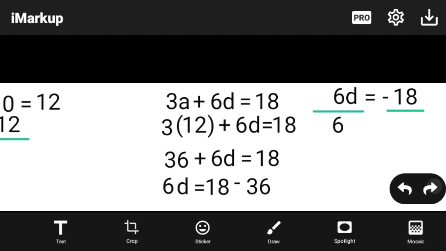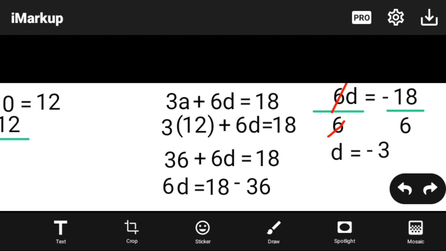So down there 6, down there 6. Then the 6 on your left hand side there will cancel. So the 6 on top there will cross out with the 6 at the bottom there. Then the d, which is the common difference, will be equal to, when you divide 6 into negative 18, that is negative 3.